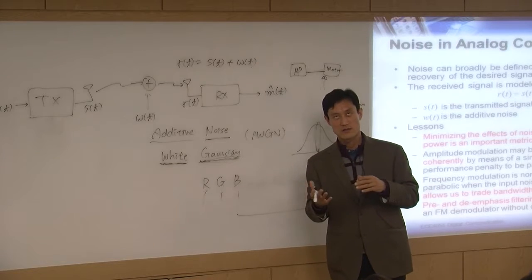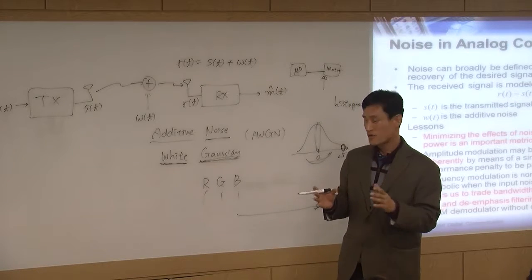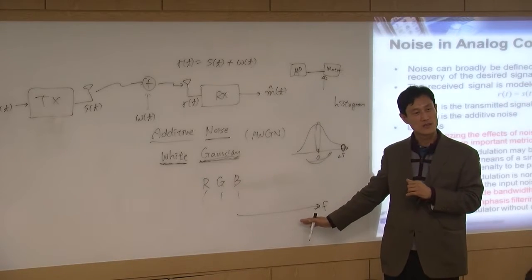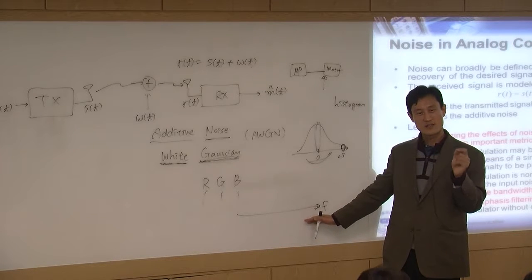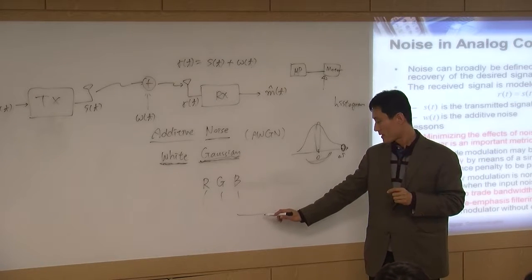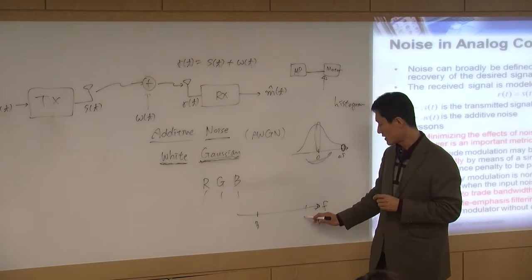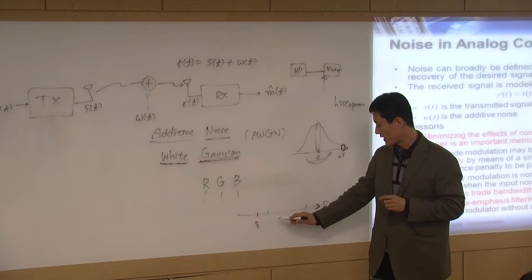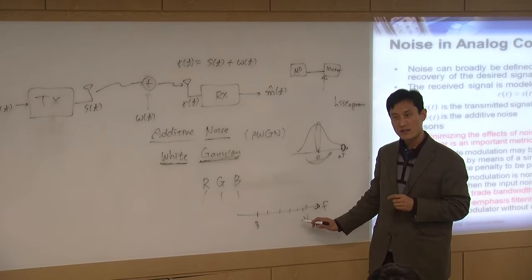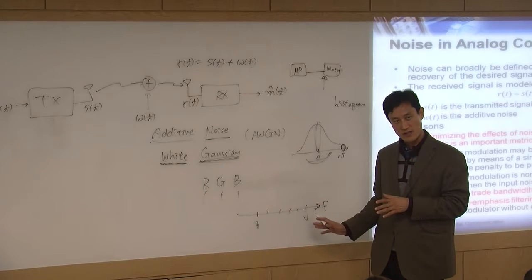Red, green, violet, all these different colors have a different frequency. Every different color has a different frequency. This is like a blue. This is like a violet. And there's red, green, yellow, things like that, right? So different colors, different frequency.